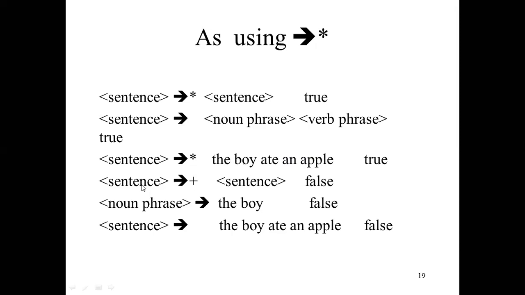Here you can see sentence arrow with plus sign, equivalent to sentence? No, because in one step, if you have the connectivity with the sentence, it will get noun phrase and verb phrase, only one. So there is a little bit of difference. Here there is a need to avoid getting confused. Sentence, sentence.